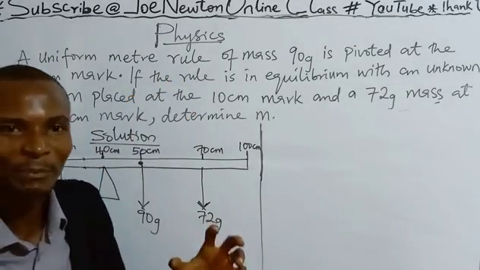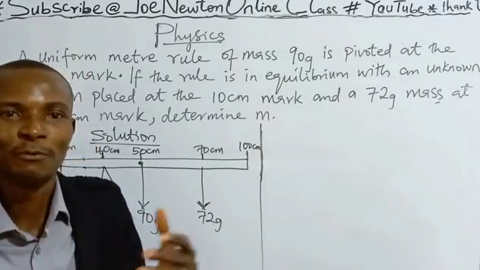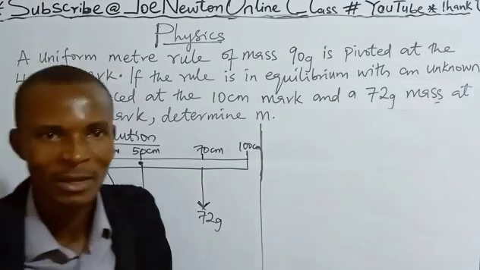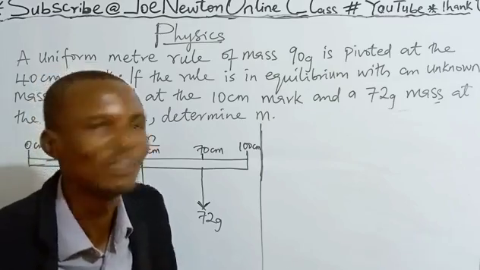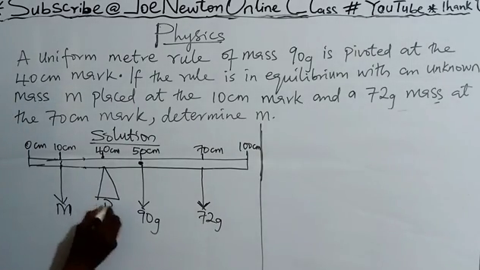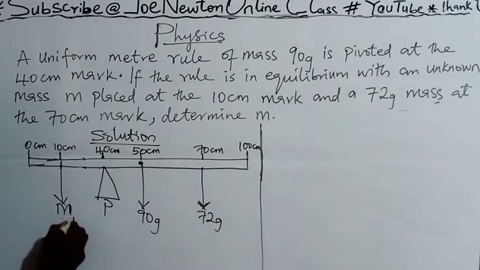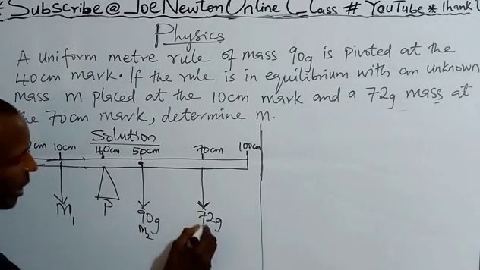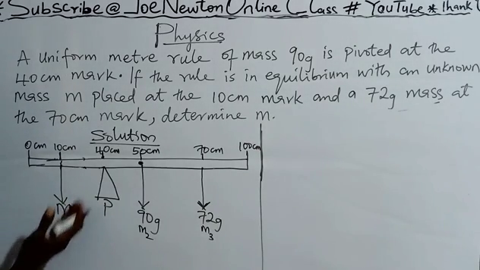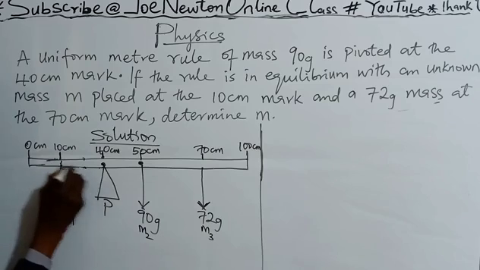Now let's go for further analysis to get the distances. Having known that moment of force is the product of the force and perpendicular distance, in this case we have masses here, so we work with the masses in place of the forces. Now let's look at the distance of these masses from the pivot P. We can label the masses M1, M2, M3. Distance of M1 from the pivot is 40 minus 10, which is 30 cm.